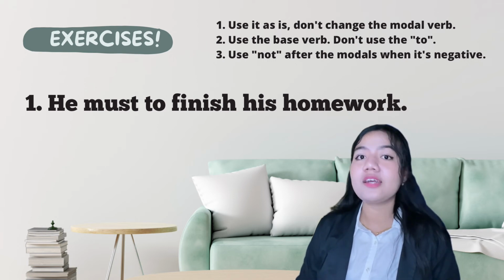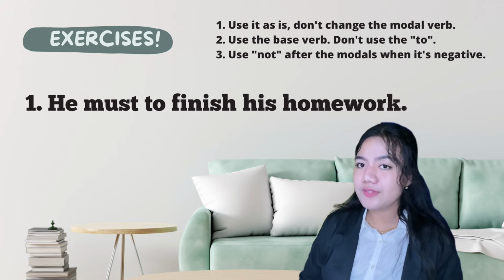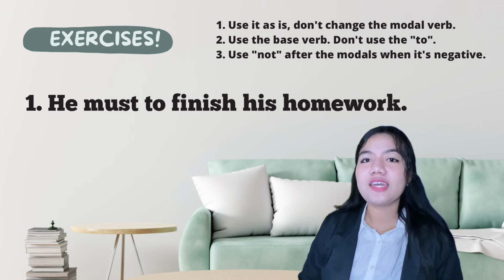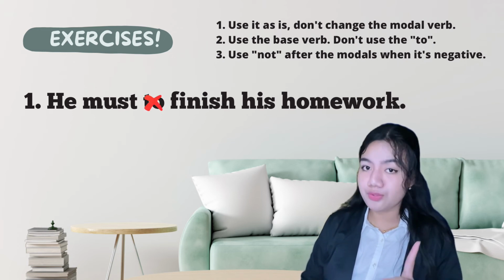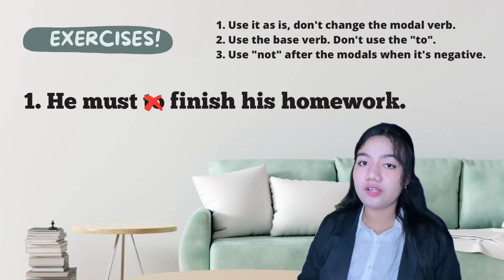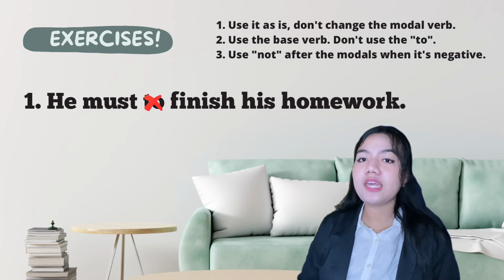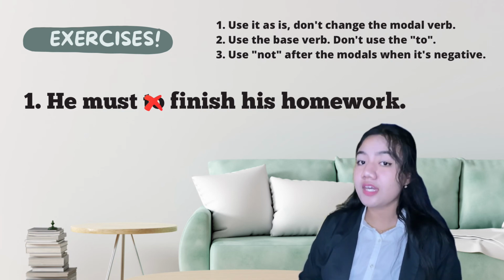Number 1. He must to finish his homework. What's wrong there? Yes, in the sentence, we added to. Alright, this was our second rule, right? You cannot use to. Just say he must finish his homework. Okay, that's it.